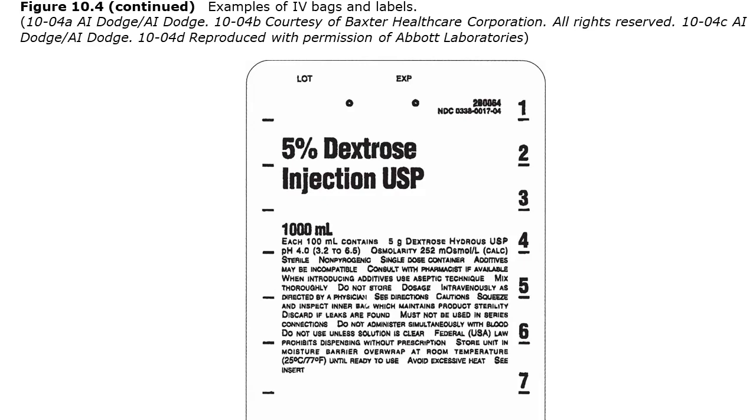Another example of an IV solution would be lactated Ringer's, which contains electrolytes, potassium chloride and calcium chloride. It's important that when you look at the label of an IV solution, you know the difference between the letters and the numbers. The letters indicate the solution, and the numbers indicate the solution strength.